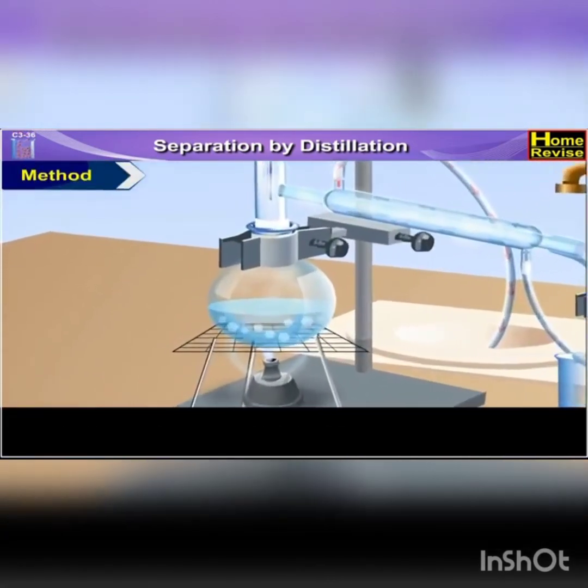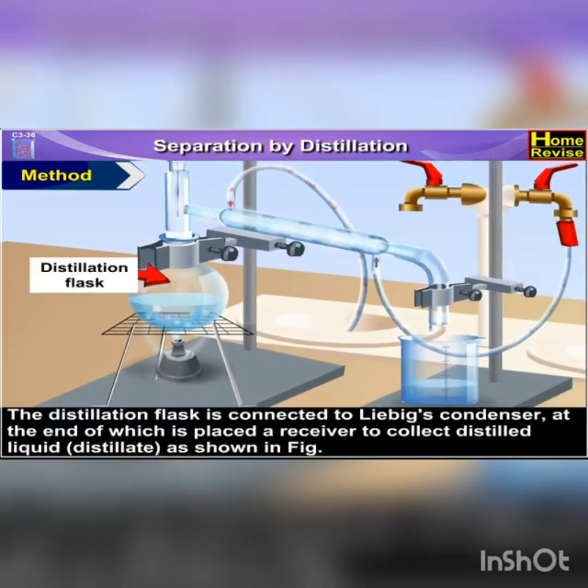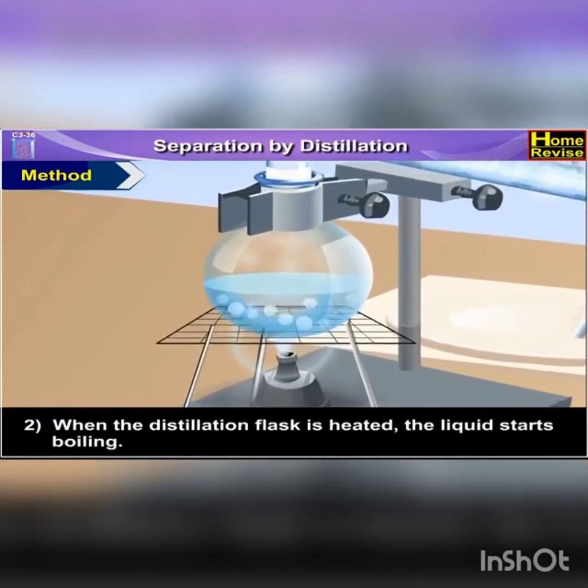Method. 1. The solid-liquid mixture is placed in a distillation flask. The distillation flask is connected to Liebig's condenser, at the end of which is placed a receiver to collect distilled liquid, that is the distillate, as shown in the figure. 2.